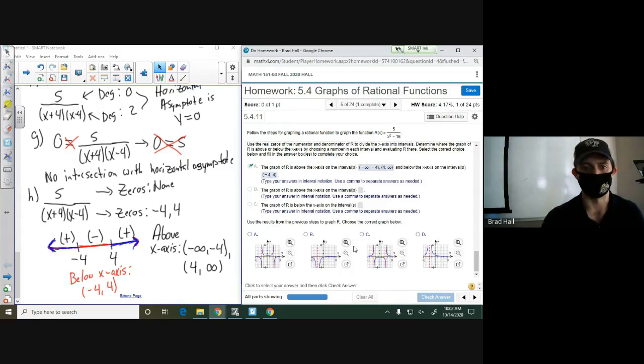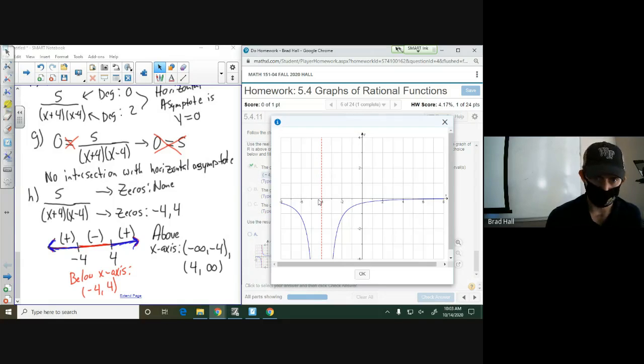Now, finally, we're going to take all of this information and use it to construct the graph. We found 2 vertical asymptotes, which means answer choice B is definitely out. That only has 1 vertical asymptote.